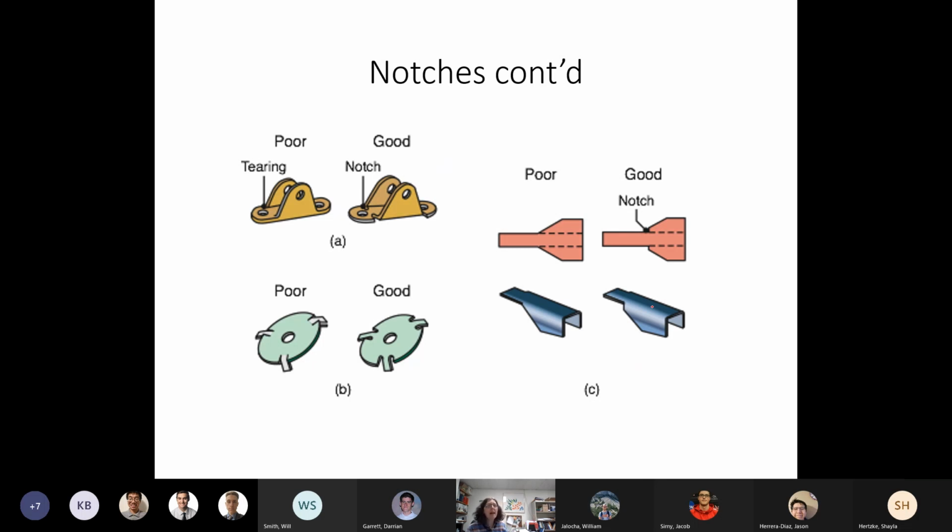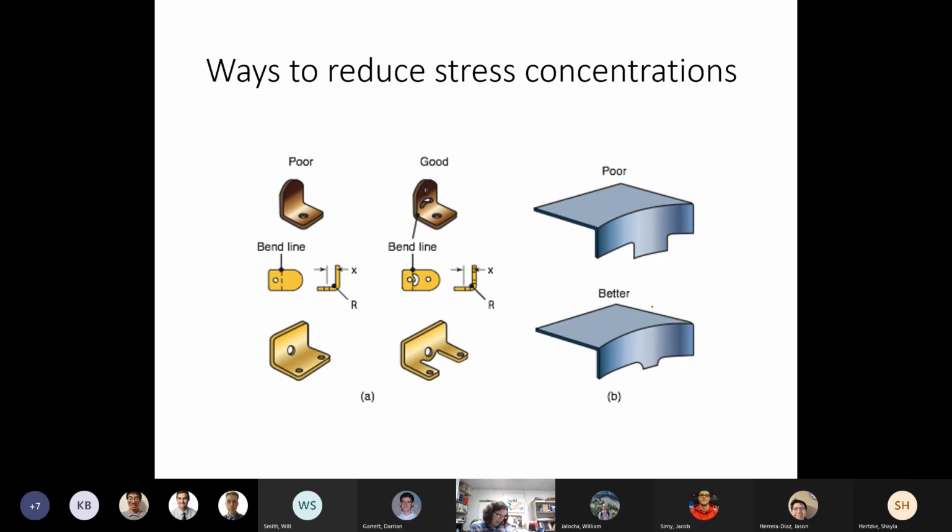This does go back to how the neutral axis changes in bending, and you actually have a little bit of lengthening when you bend. Then we can reduce the stress concentration by allowing a little bit of extra material. If we're too constrained in bending, we can have some problems with that.